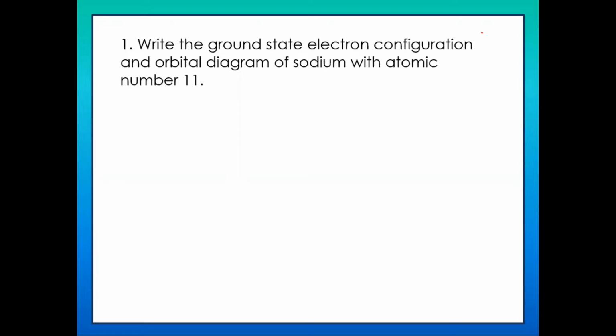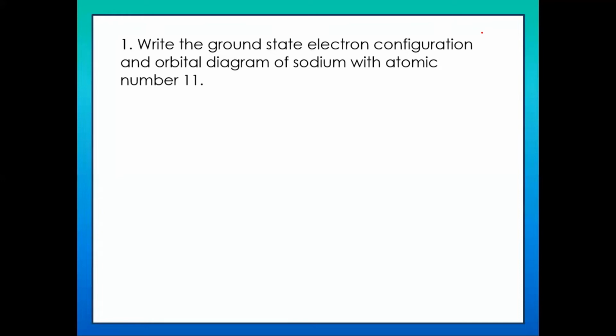Okay, so hopefully you can recall the difference between ground state and excited state when you had the discussion during your grade 8 chemistry, as well as neutral state of the atom.